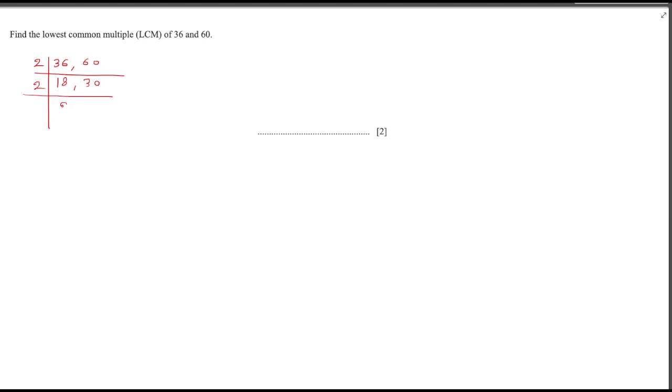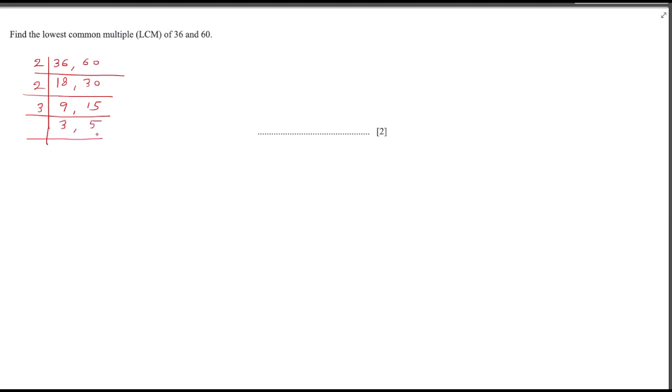Here 2 times 30, and this is 60. Such kind of questions are generally asked for non-calculator papers. Now this 15 and 30, they are divisible by 3, so 3 times 5 and 3 times 10.